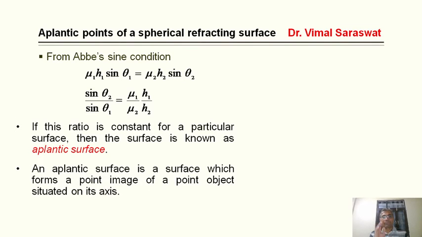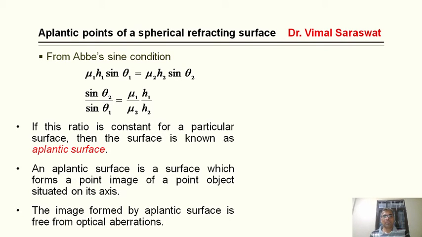An aplanatic surface is a surface which forms a point image of a point object situated on its axis. So for an aplanatic surface, a point object is imaged as a point.